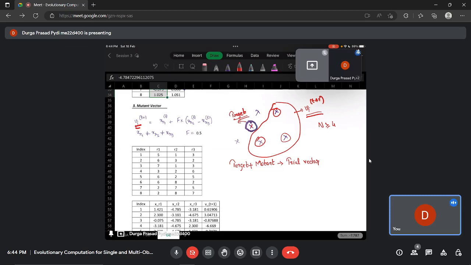Here you can see we take 3 random vectors. What we essentially do is xr1 plus this particular thing. If you see it from this perspective, you have xr1, xr2, and xr3. These are my vectors.